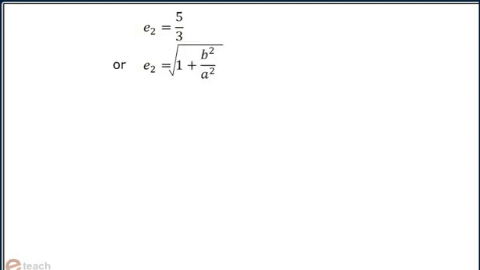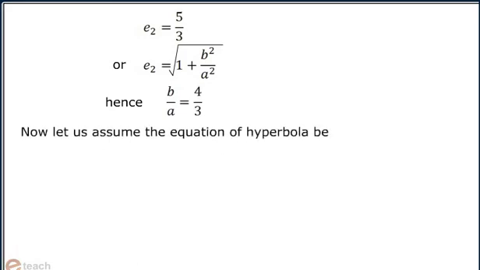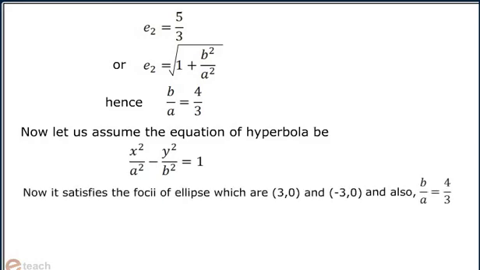Since e2 is the eccentricity of the hyperbola, we have e2 equals the square root of 1 plus b squared by a squared. Hence putting in e2, we have b by a equals 4 by 3. Now let us assume the equation of the hyperbola to be x squared by a squared minus y squared by b squared equals 1. It passes through the foci of the ellipse, which are (3, 0) and (minus 3, 0).